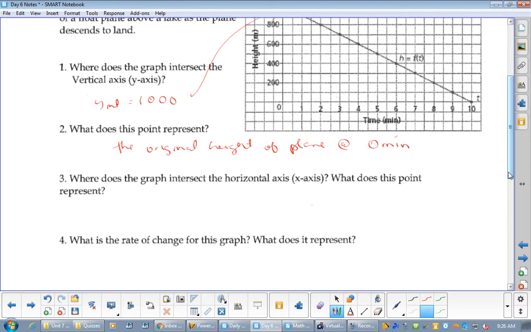Okay, where does the graph intersect the horizontal axis? Okay, so at 10 minutes, right? What does that represent? Time it takes to descend.